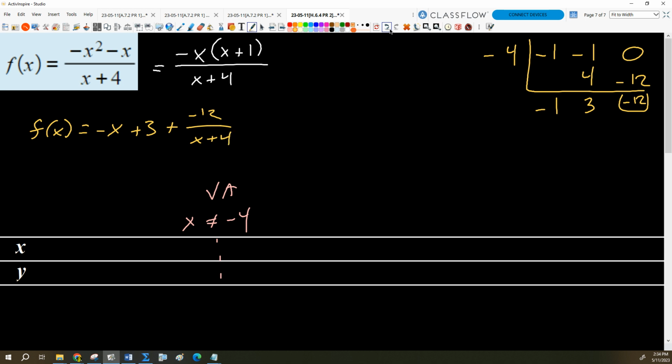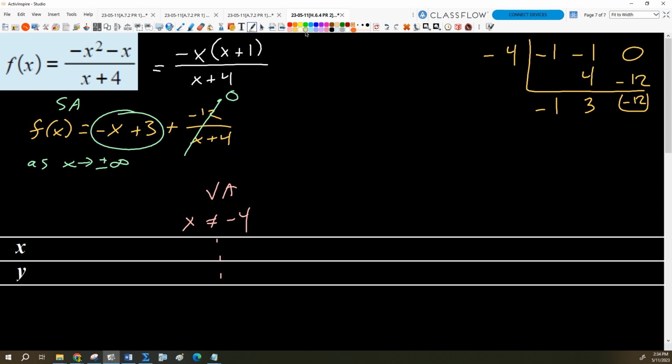Okay, good. And if we take the limit as x approaches plus or minus infinity, what's happening? Yeah, that one's going to 0, right? Because I've got x's on the bottom and a constant on the top. So we get an infinitely big denominator, so it goes to 0. And that's our slant asymptote right there.